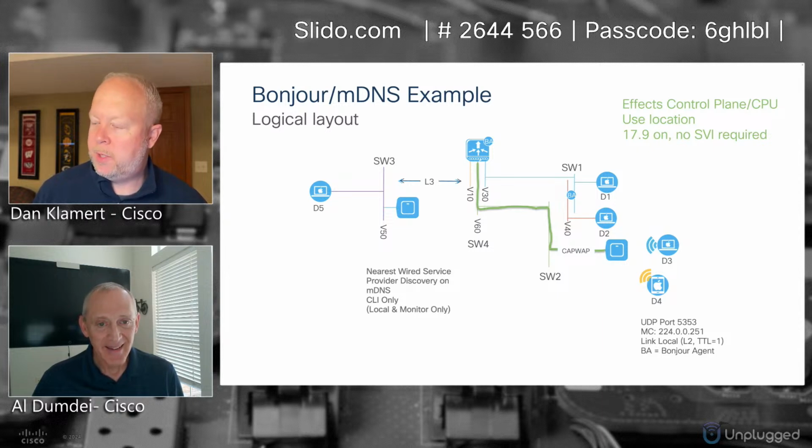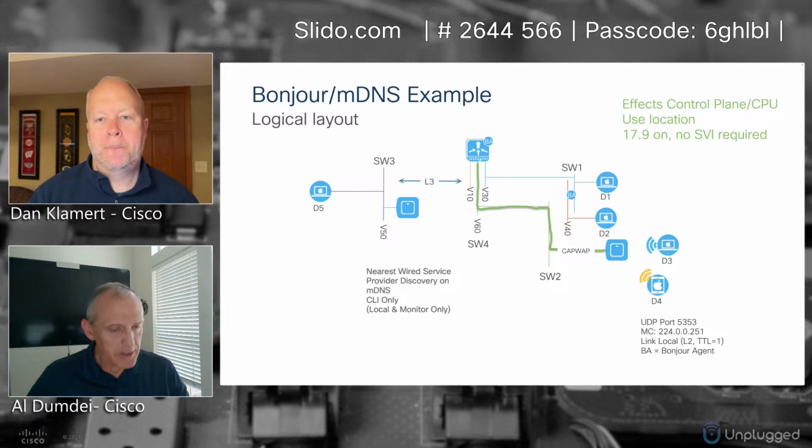Any guidance would be appreciated. Was this special firmware? And the other question is related to firmware as well, the version of code to support mDNS on the 9800. I know you have a code version up there in the top right corner, but those are the two questions. Yeah, so let's drill down into that.